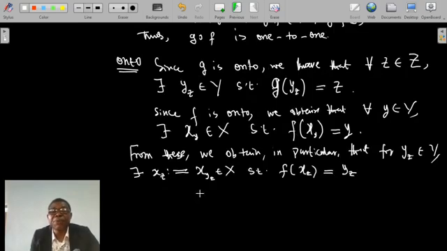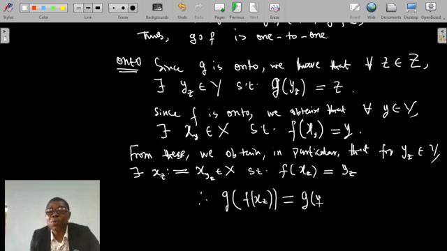This means, therefore, g of f of xz will be equal to g of yz, which is equal to z, considering what we got here and what we got here.